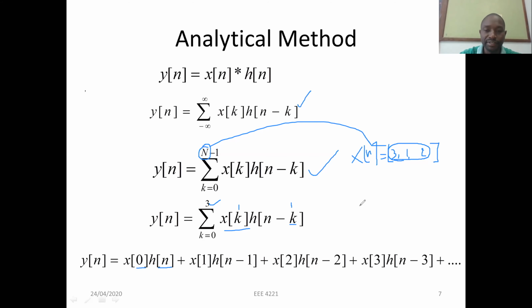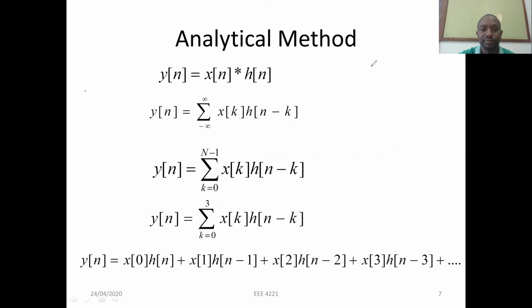So having written this, our final goal is basically to get y of n. What will be the final value for y of n? So to do this, what we're going to do in the next slide is basically to substitute, starting, you notice in this equation, n is also changing now.